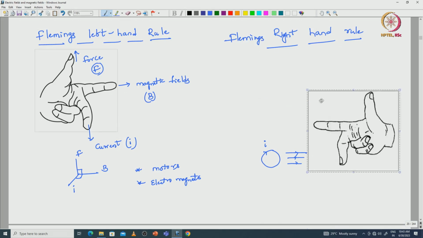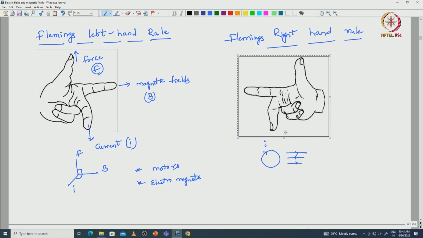In Fleming's right hand rule, the thumb represents the motion. Assume that in a magnetic field we are rotating the conductor, or we are placing the conductor in a variable magnetic field.